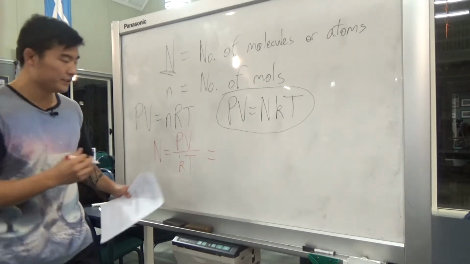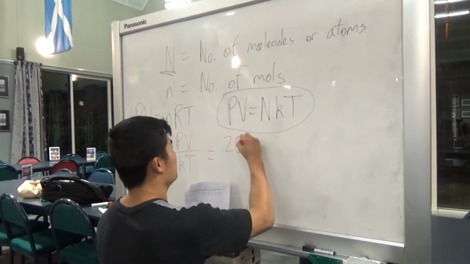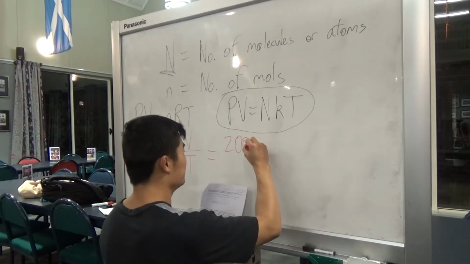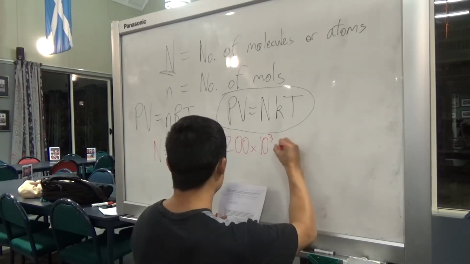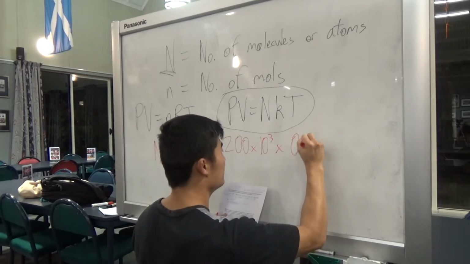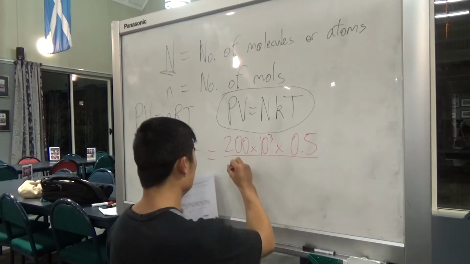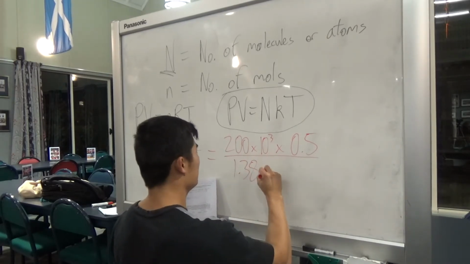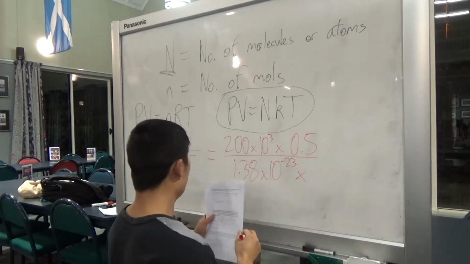Okay, so the pressure here is 200 kilopascals. Remember that you have to convert that into pascals, so that's 200 times 10 to the power of 3, times the volume, which is 0.5. And that's over K, which is 1.38 times 10 to the negative 23, times the temperature.